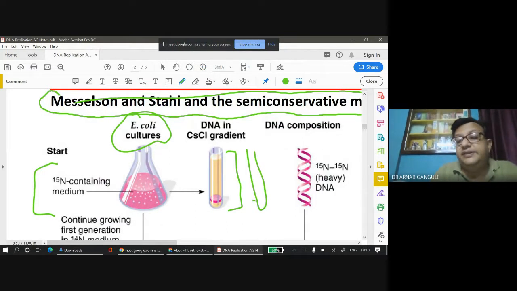Gradient means the density is from high to low. High density to low density.